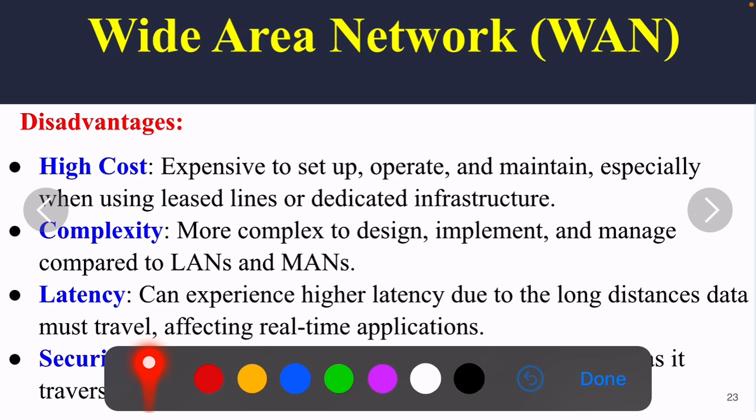The next is complexity. It is more complex to design, implement, and manage as compared to LANs and MANs. Why? Because there may be troubleshooting problems. As a WAN covers a lot of areas, fixing the problem is difficult.